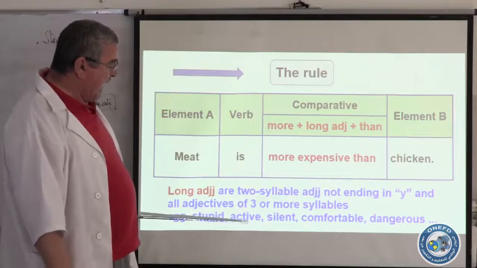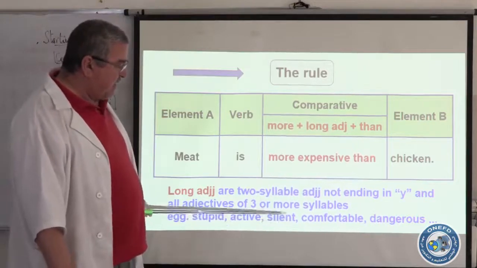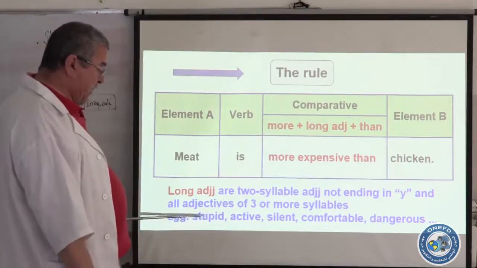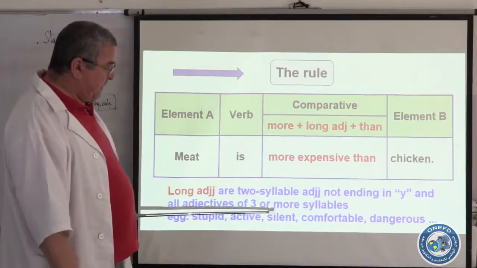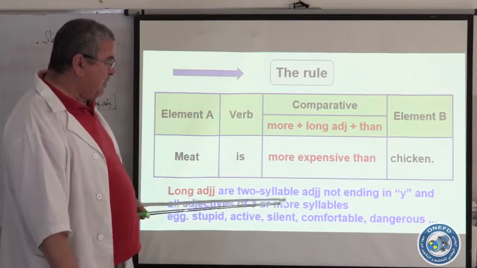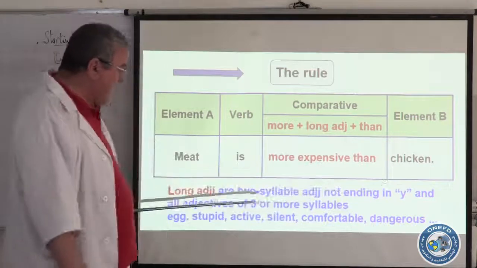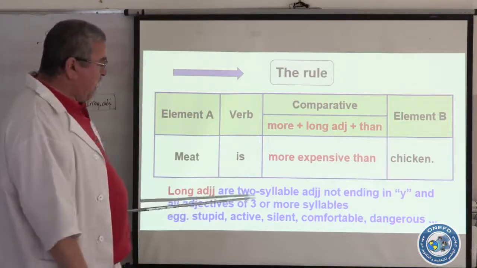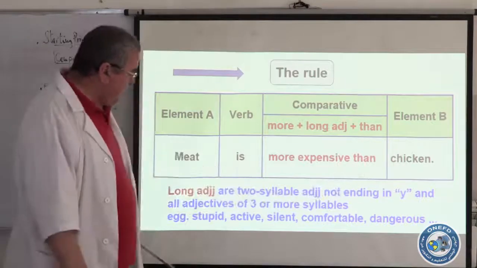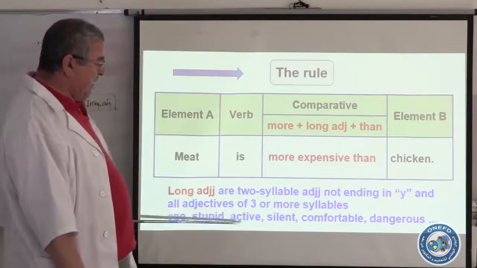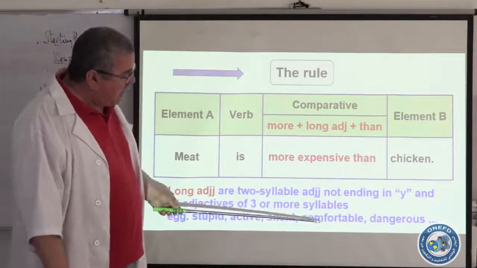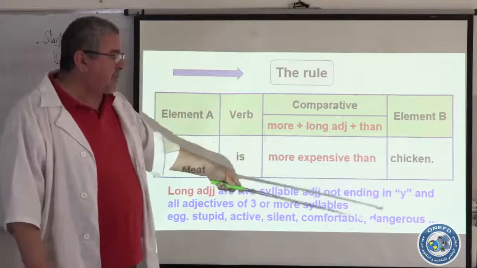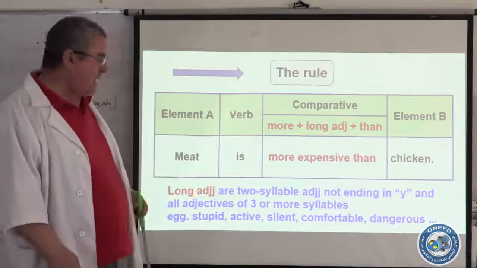Stupid, active, silent. These are two-syllable adjectives, but they do not end in Y. So, stupid, active, silent, and comfortable, dangerous. We can add expensive, important, interesting, and so on.